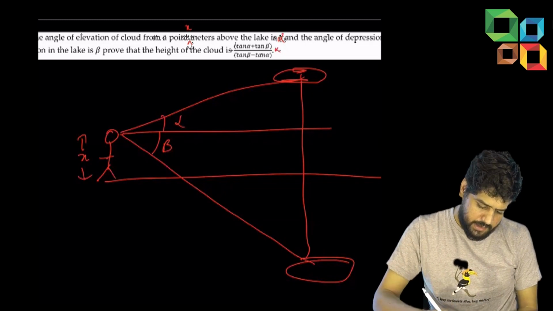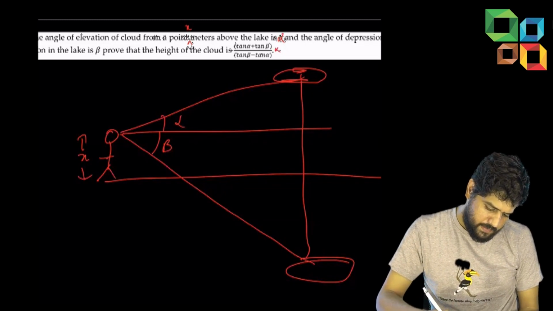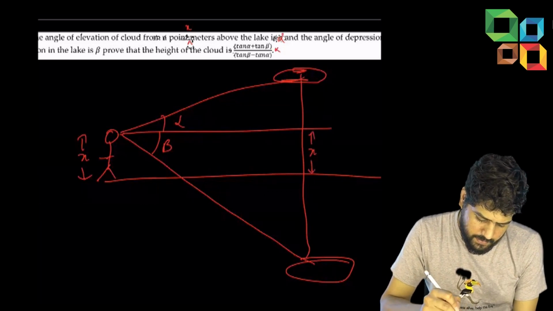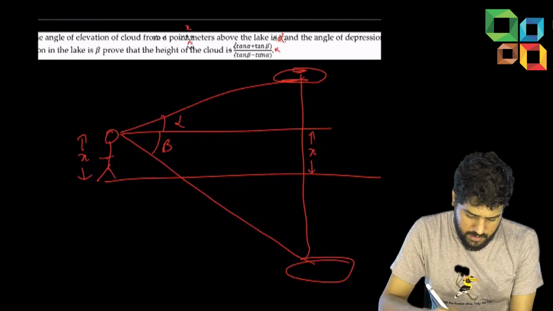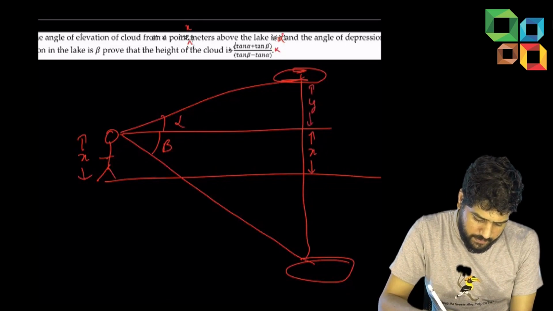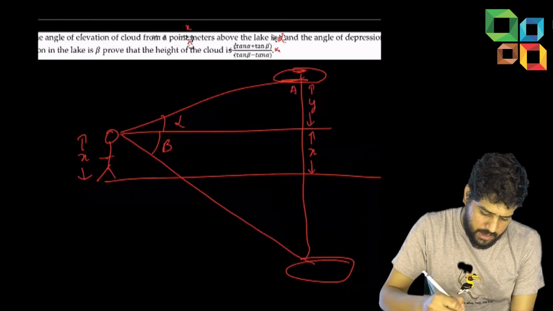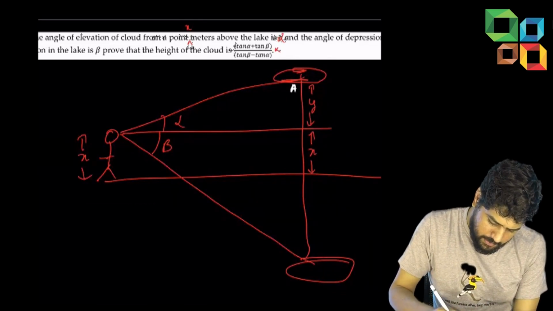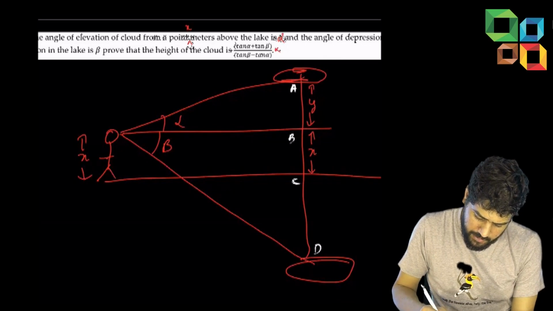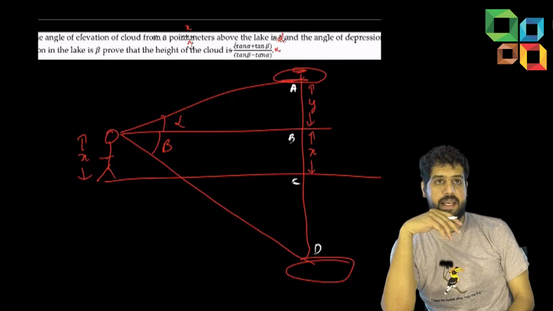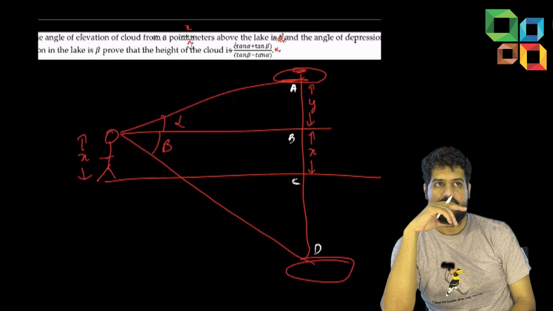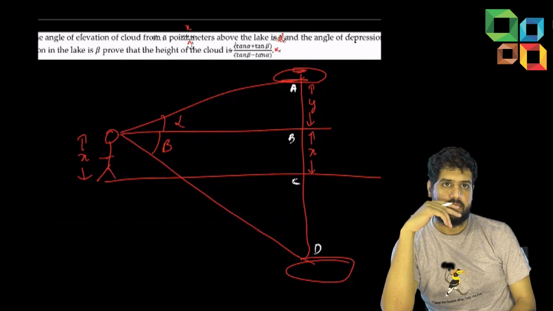Let's take this height as x. Label the points A, B, C, D. Can you find any other length?